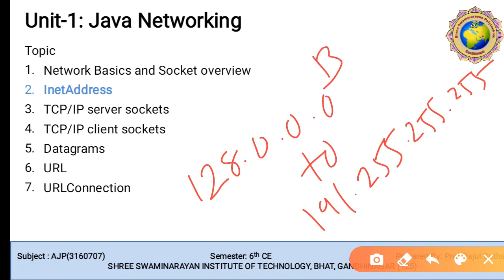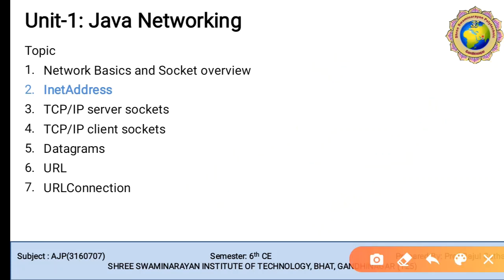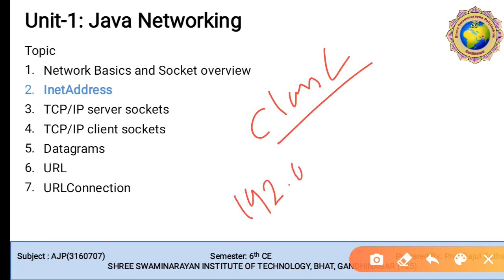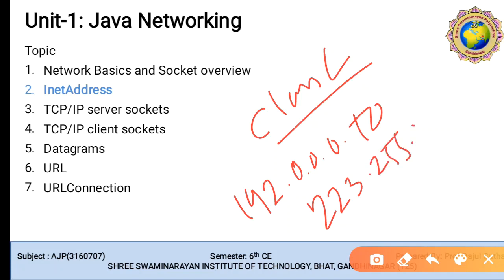If we are using the class C network, what is the range of class C? Class C covers 192.0.0.0 to 223.255.255.255.